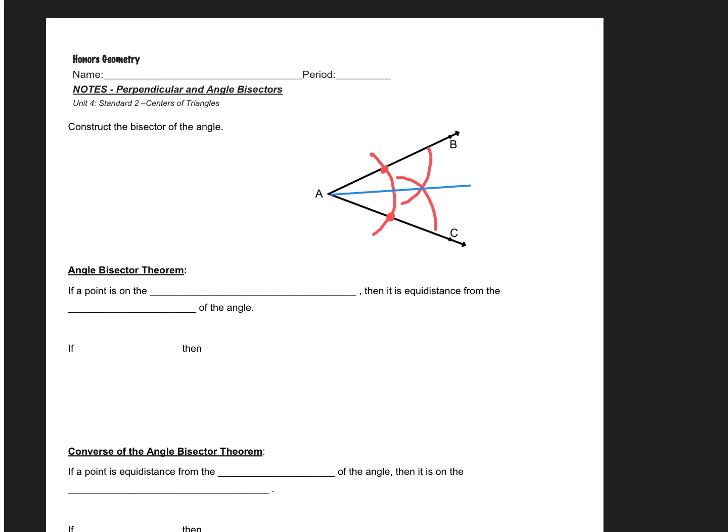Okay, so now what does this mean, and how are we going to use this to solve some problems? Well, if a point is on the angle bisector, then it is equidistant from the sides of an angle. And before we get into that drawing, I have to explain what it means to be a distance from a side. It's very important here because I could measure the distance from this point to this segment in multiple ways, right?